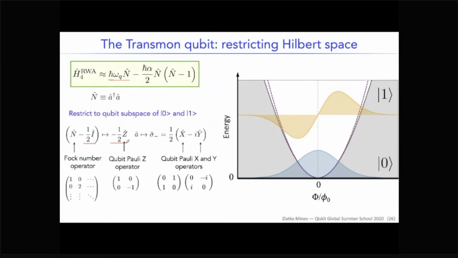And of course, our favorite ladder operator A becomes the annihilation, or excuse me, I shouldn't call it fermionic, the two-state restricted annihilation operator, or the Pauli lowering operator, sigma minus, which is a combination of the qubit Pauli x minus i qubit Pauli y.